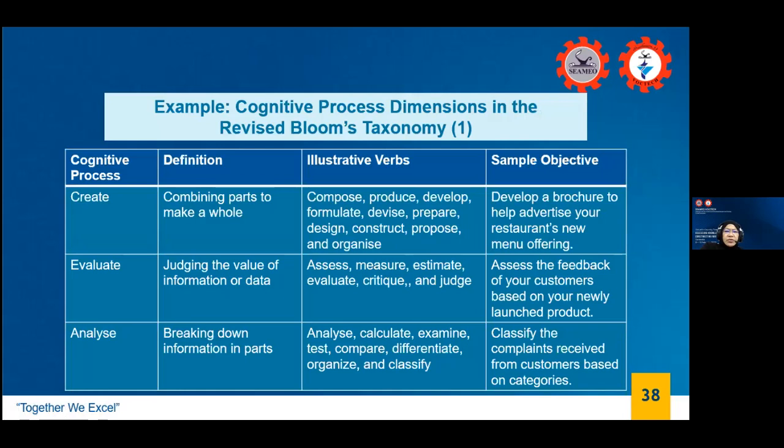Now, this is just to give you an example. So I have here in detail, right? Here, create: combine parts to make a whole. So what are the words, everybody?